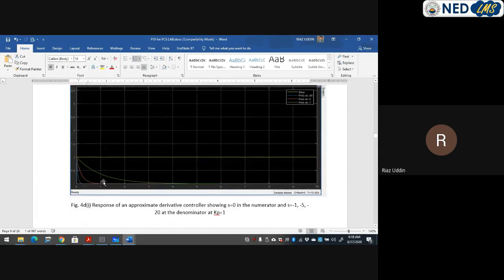When s is equal to, for example, -1, you see it is dying out very quickly; at -20 and when s is equal to -5, it is dying out a little more slowly. And when it is almost -1, then it dies out very slowly.